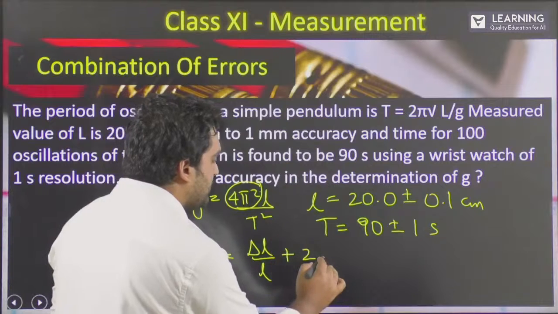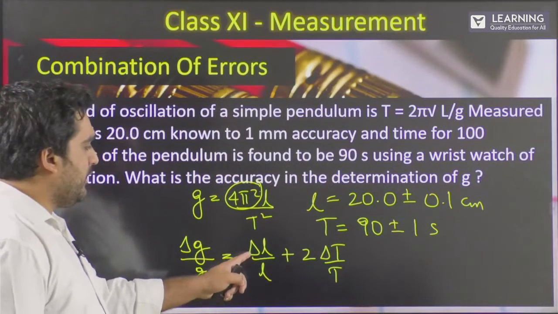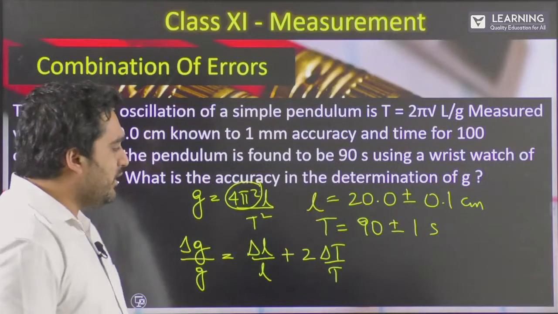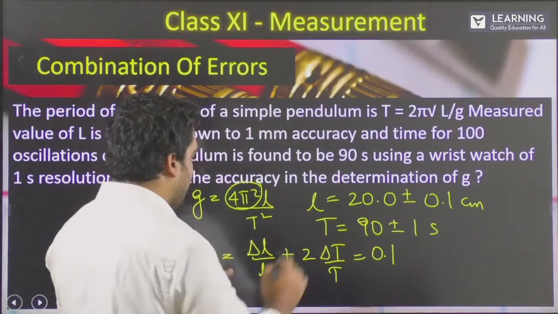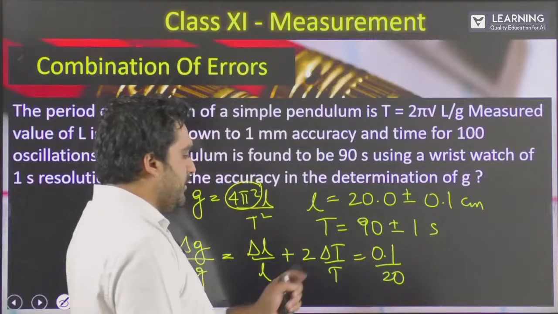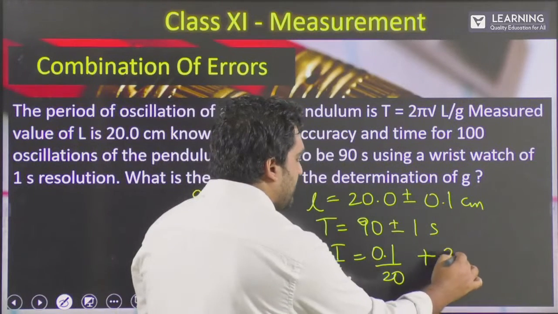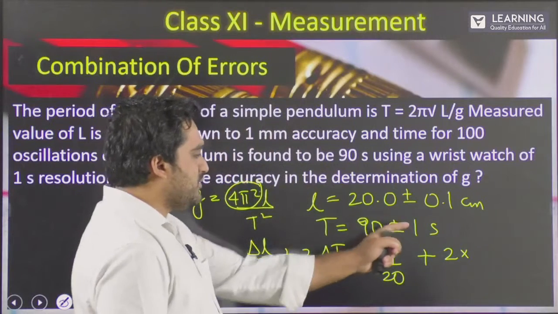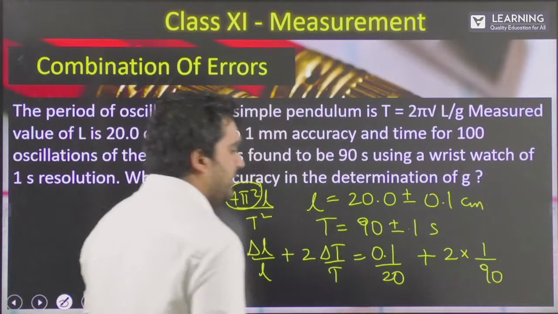So 2 times delta T by T. Delta L is 0.1 and the L value is 20, plus 2 times delta T, which is 1, divided by 90.